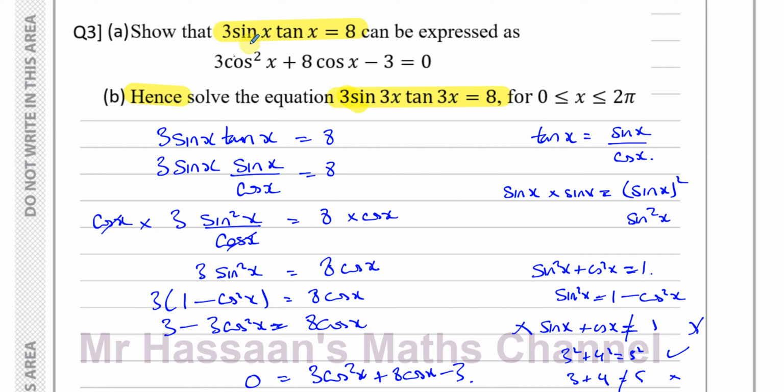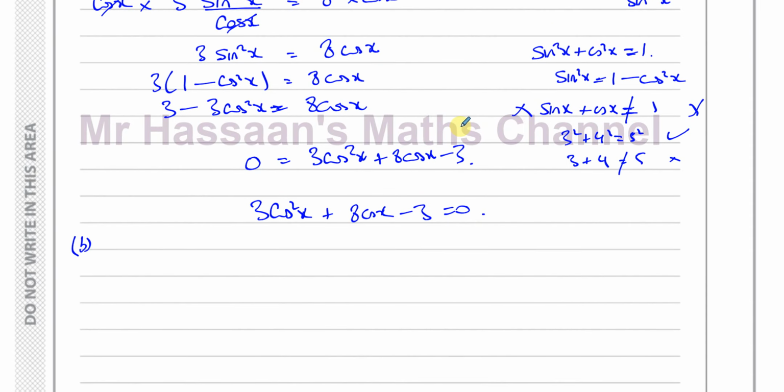So basically, I can rewrite this in the same form as that, which is something I can solve, except instead of the x, I have to write 3x. So I can write 3 sine 3x times tan x equals 8.